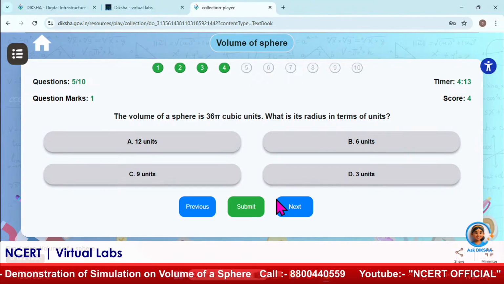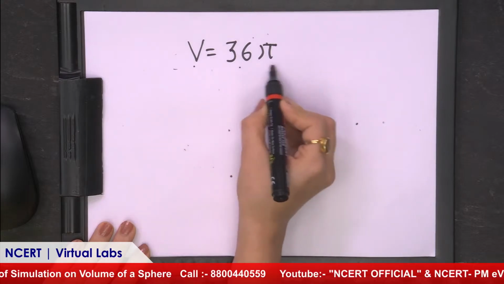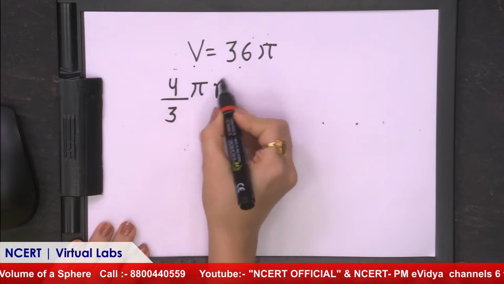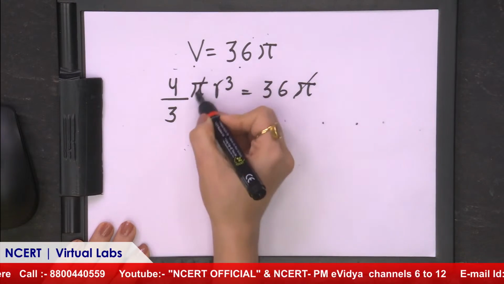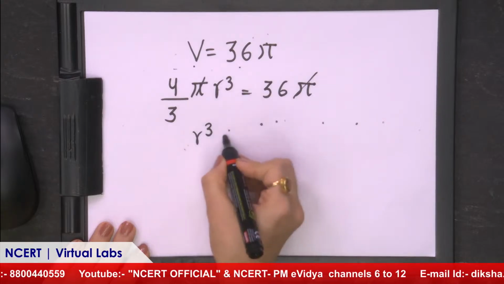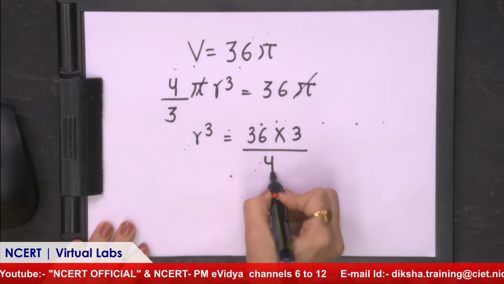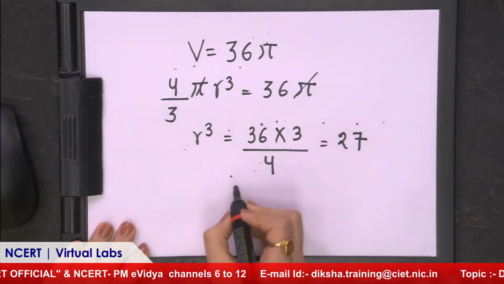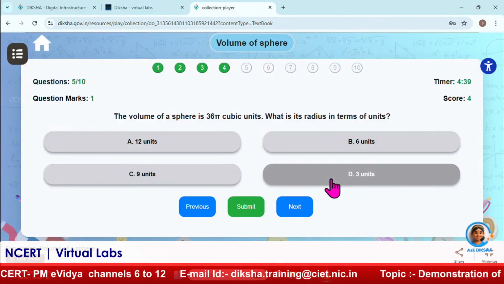In that kind of question we write the formula for the volume, which is 4 by 3 pi r cube, and that is equal to 36 pi. Now calculate r cube, that is equal to 36 into 3 upon 4, which is 27. So r will be 3. So the answer will be 3 units.